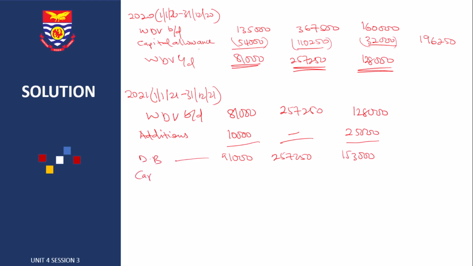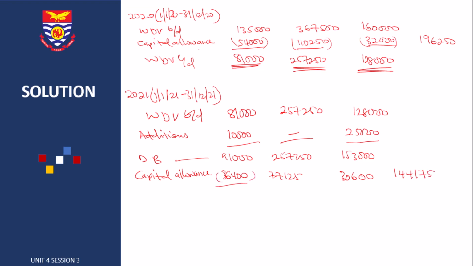Now let us compute for capital allowance. Reducing balance method. So class 1, we are going to get 36,400. For class 2, we are going to get 77,125. For class 3, we are getting 30,600. When we add these three figures, we are going to get 144,175.